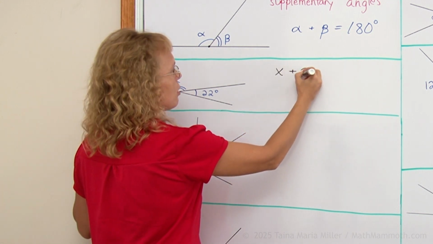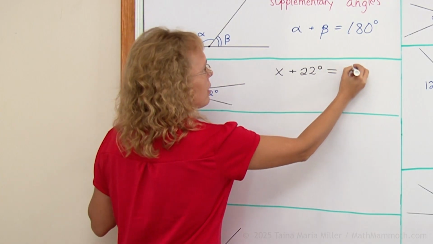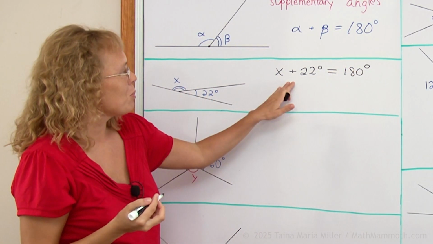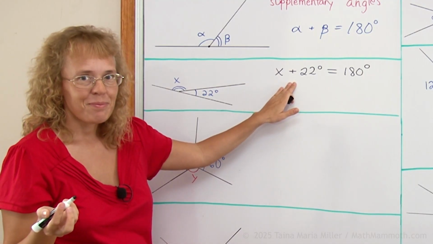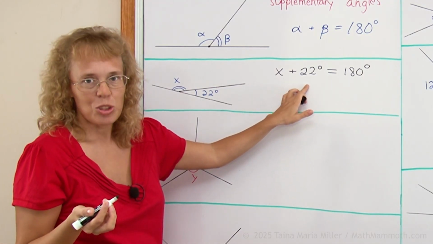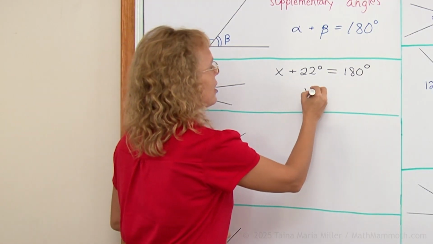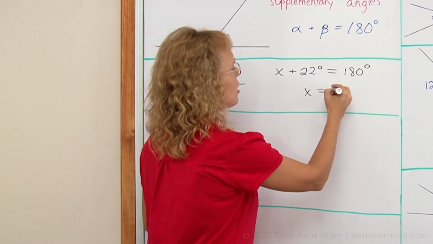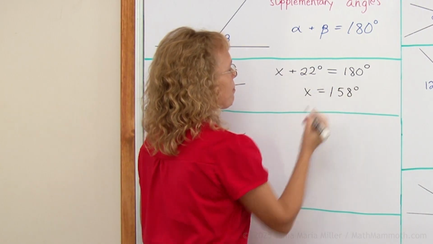X plus 22 degrees equals 180 degrees. And now to solve this simple equation, you would do what? Subtract 22 from both sides, and then we get x equals 180 minus 22, which is 158 degrees.